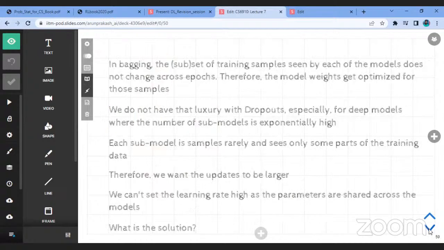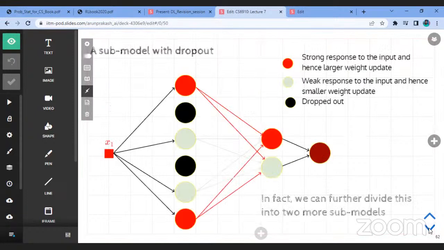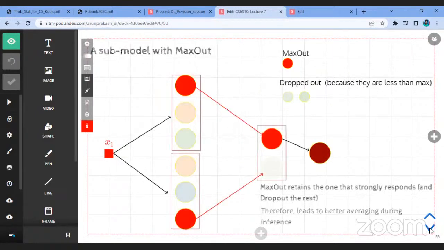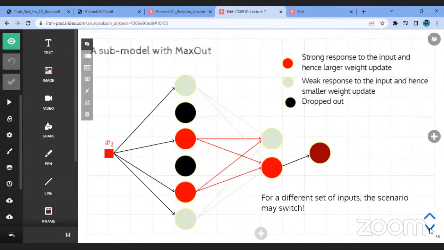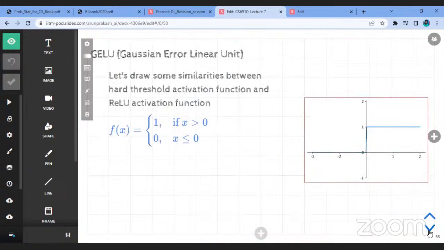After that, yeah, this is not the equation for GELU.